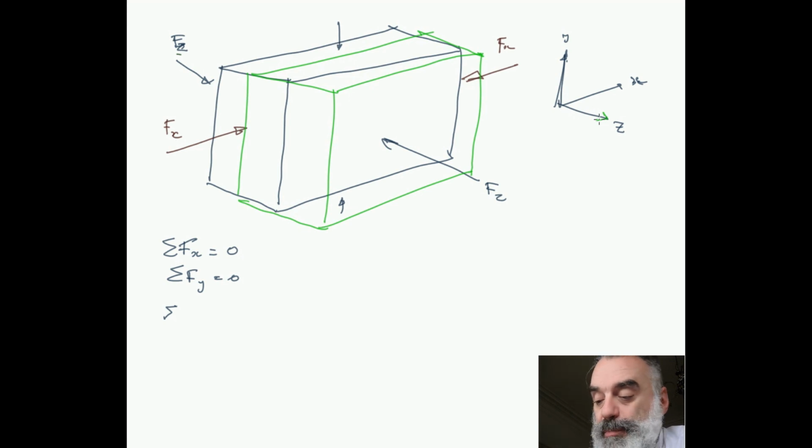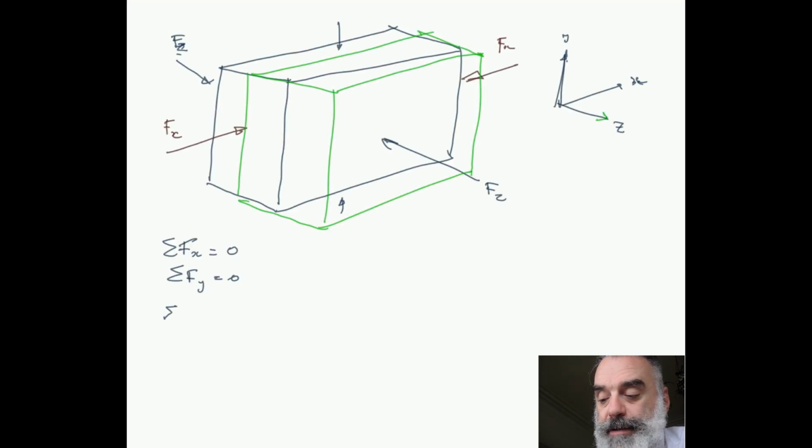Again, for equilibrium, we want to avoid that happening. So we need to satisfy for static equilibrium that all the actions in the z direction add up to a value of 0. Those are our three equations of static equilibrium from the forces.